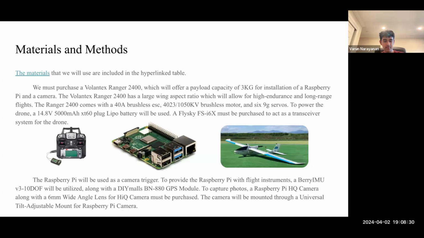The Raspberry Pi initially served two purposes: the autonomy and the camera trigger. But right now we're just focusing on the camera trigger part, and we'll come around to the autonomy maybe later. That's about it for our materials.